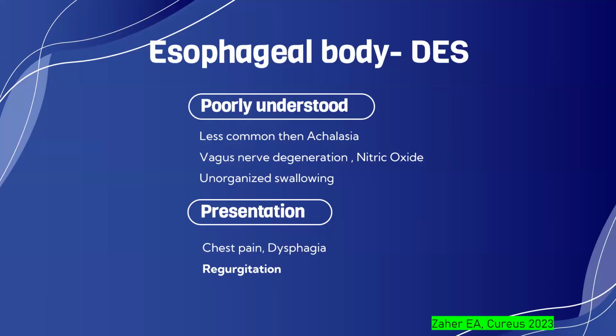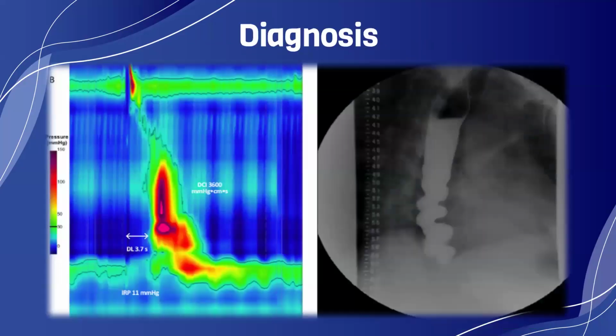So as we can see in this image, the esophageal manometry, HRM is the gold standard for diagnosis of diffuse esophageal spasm. It defines that in diffuse esophageal spasm, there will be premature contractions with the distal latency of less than 4.5 seconds in at least 20% of wet swallows.